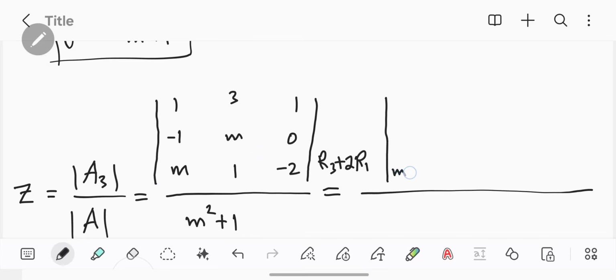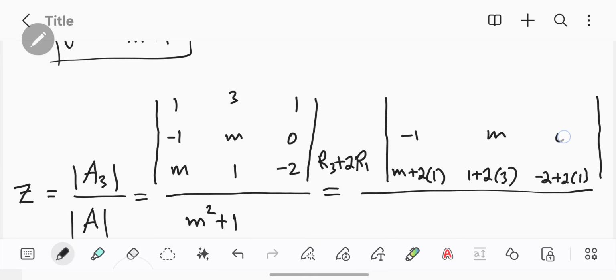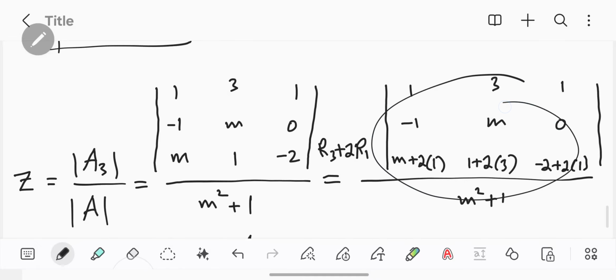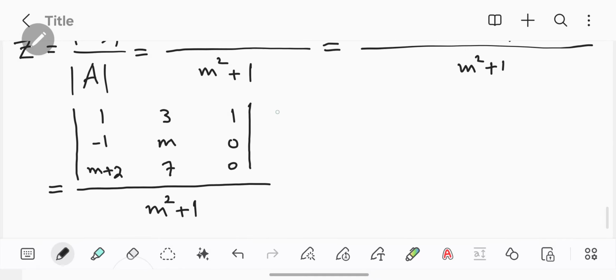I will write m plus 2 times 1, and then 1 plus 2 times 3, and then minus 2 plus 2 times 1. And the rest of the 2 rows remain the same. If I simplify this thing, I will get this matrix, this determinant.